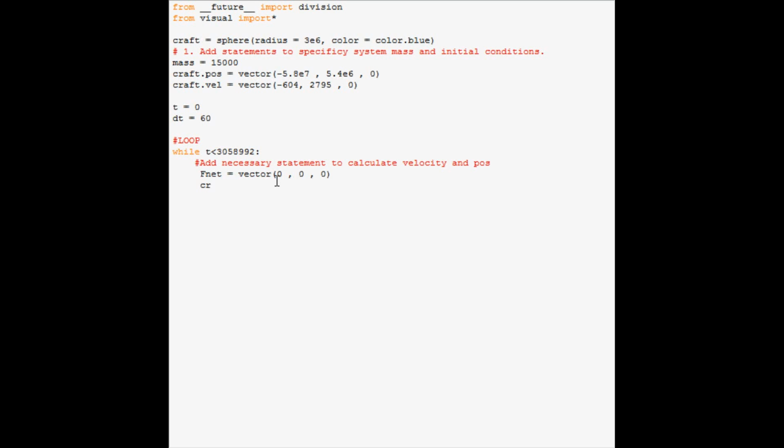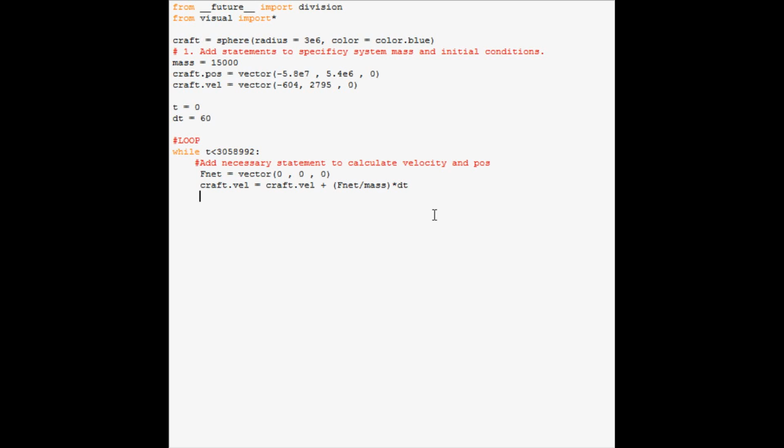We get the craft's velocity is equal to the previous craft velocity plus the net force divided by mass, which is essentially acceleration, times delta t. So this step is just the momentum principle divided by mass. That's all it is.